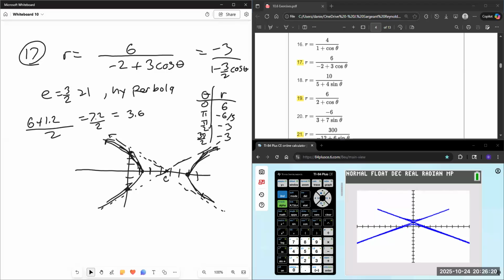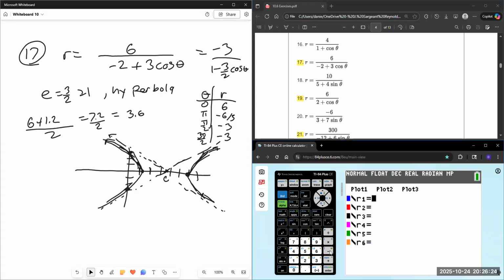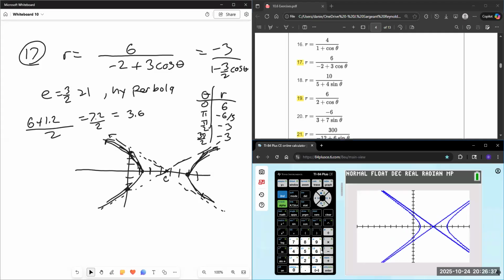Let's go ahead and let my calculator draw this for me. Again, that's just a sketch. Calculator is going to get it really good. So -2 plus 3 cosine of theta, zoom 6, and you can see that that opens left and right with x-intercepts at 1.2 and 6, and y-intercepts at -3 and 3.